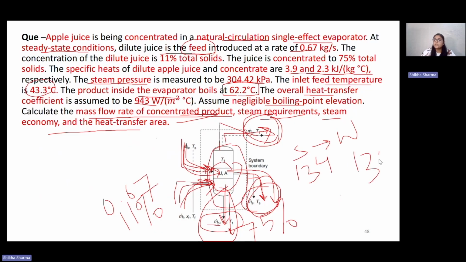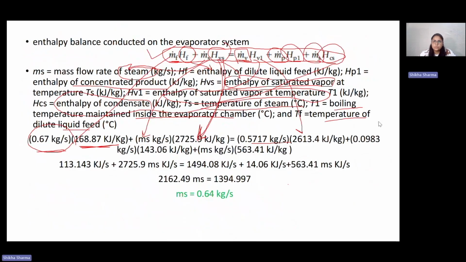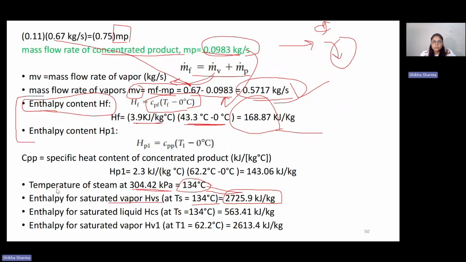So only the latent heat of the steam is exchanged here. So this HV1 is the enthalpy of the liquid at temperature 134. This is the enthalpy of the saturated liquid here, not vapor, at 134 degrees Celsius. So we can get it from the table.